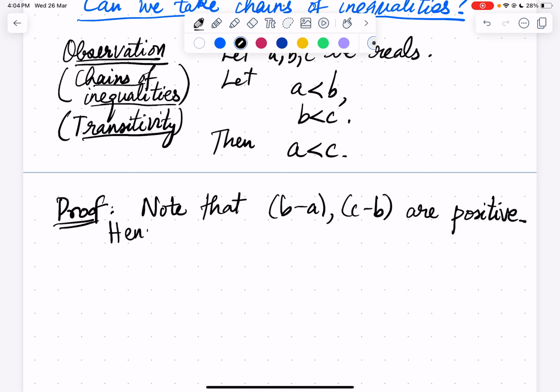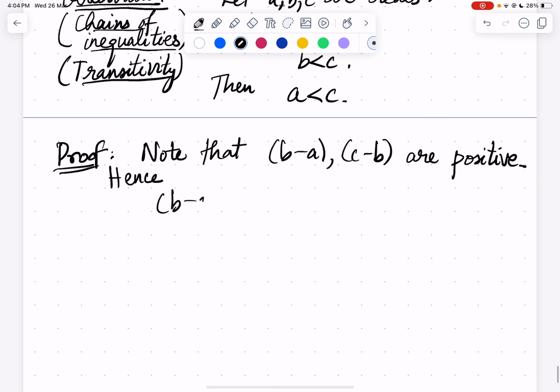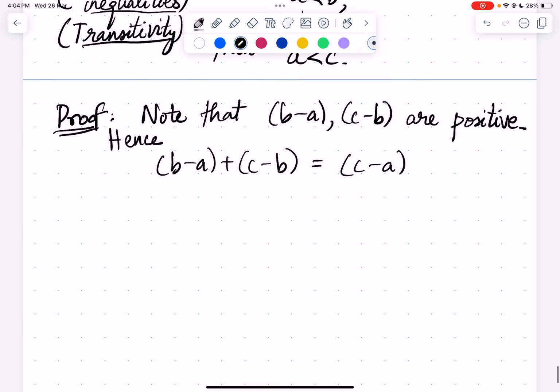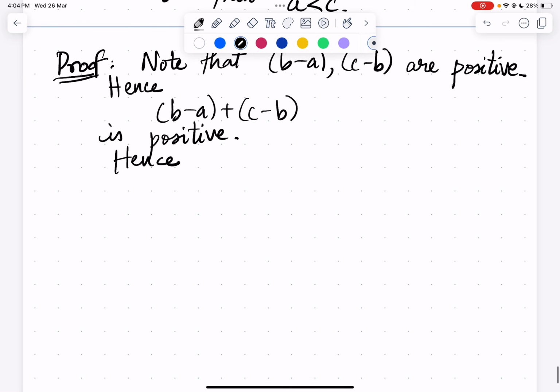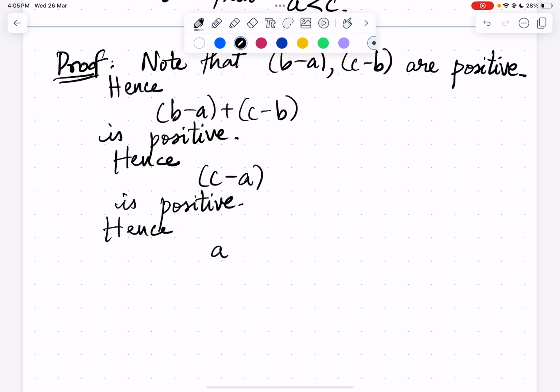Hence B minus A plus C minus B equals C minus A. The sum of positive numbers is positive, so this is positive. Hence C minus A is positive. Hence we see that A is less than C.